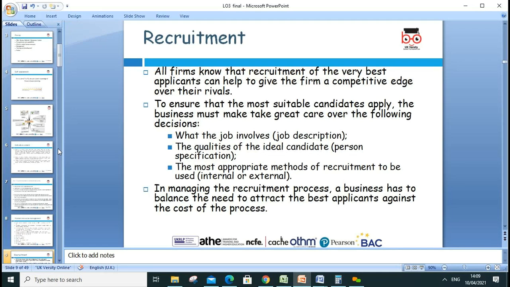Okay, recruitment. All firms know that recruiting the very best applicant can give the firm a competitive edge and competitive advantage. So that is quite crucial. It can only come when the worker meets the expectations of clients, and with more productivity.